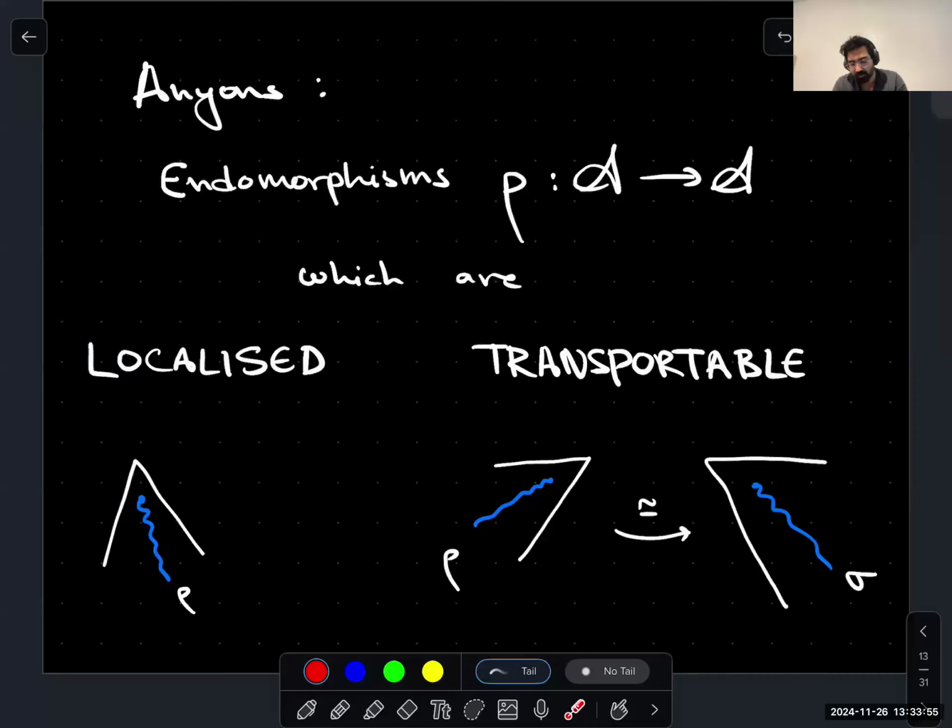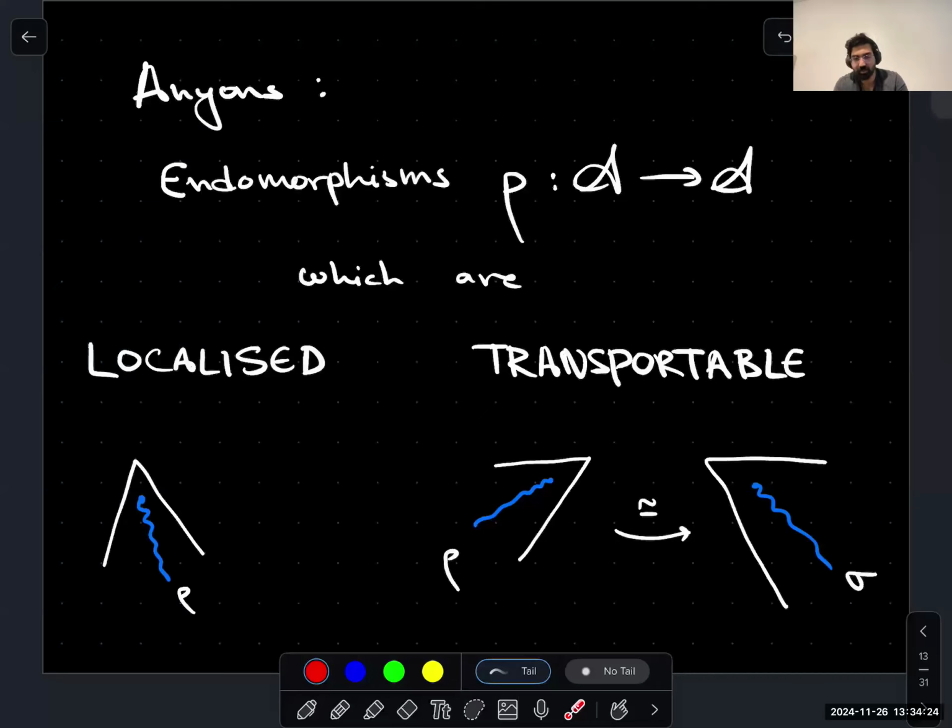And it's also transportable. Transportable really just means that if I have something that's localized in some cone, then for any other chosen cone, let's say if I choose this cone, there always exists something else, let's say a sigma right here, that is localized in that other chosen cone and is isomorphic to our previous endomorphism.